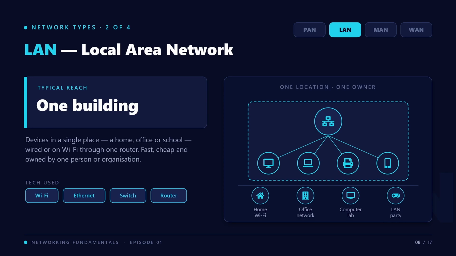The office building is a bigger LAN. A school computer lab is a LAN, or a LAN party for gaming. Two things make a LAN a LAN. It's one location and it's owned by a person or an organization. And because you control the whole thing, it's fast and it's cheap. This is the workhorse of networking.